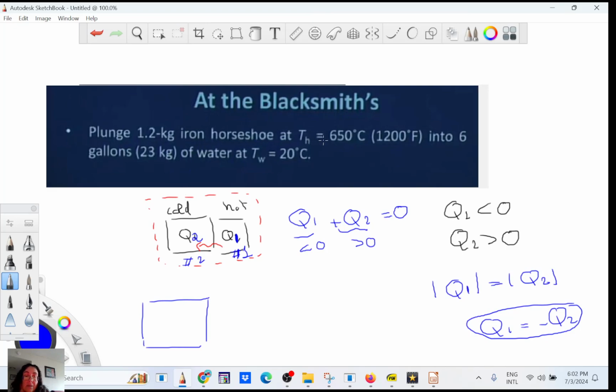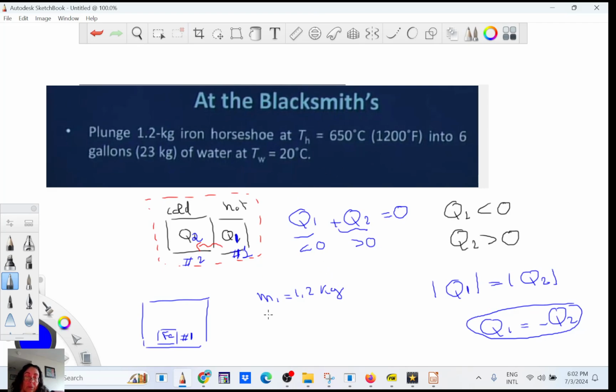You have a piece of iron here. Okay, that will be system 1. So I'm going to put iron here. And you have the mass: the mass of iron is 1.2 kilograms.